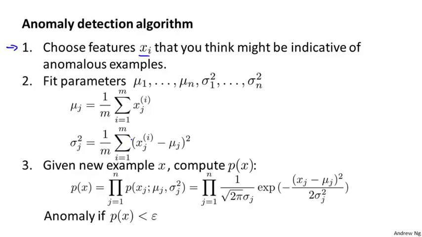Next, given a training set of m unlabeled examples, x1 through xm, we then fit the parameters mu1 through mu n and sigma squared 1 through sigma squared n. These are the formulas similar to the formulas we had in the previous video that we're going to use to estimate each of these parameters. And just to give some interpretation, mu j is my average value of the j-th feature.